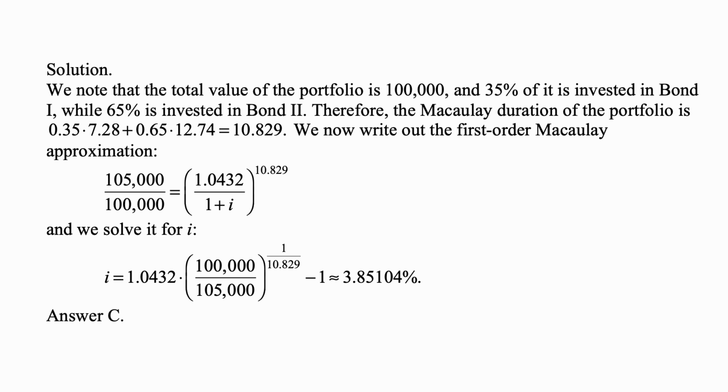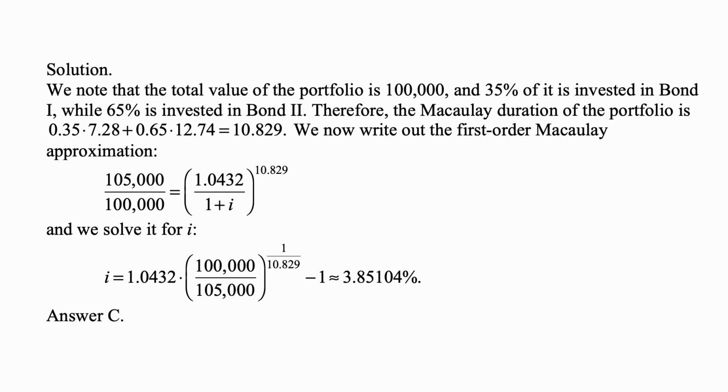So what I'm going to do is take both sides to the power of 1 over 10.829. And then I would have the equation of 1.0432 over 1 plus I equals 105 over 100 to the power 1 over 10.829.